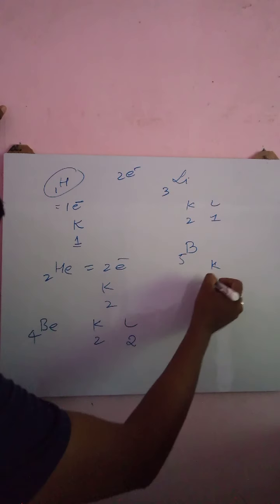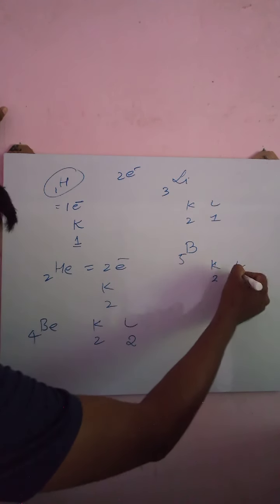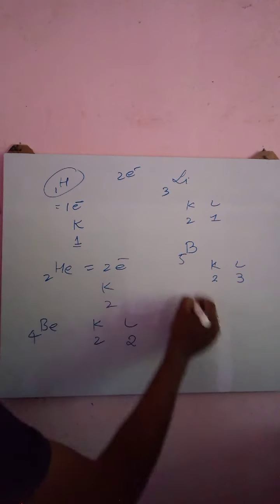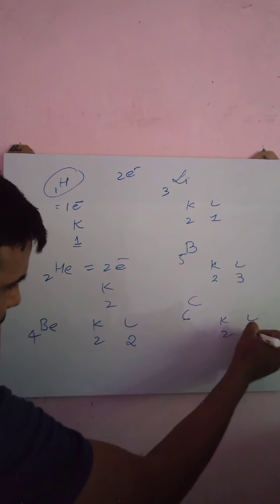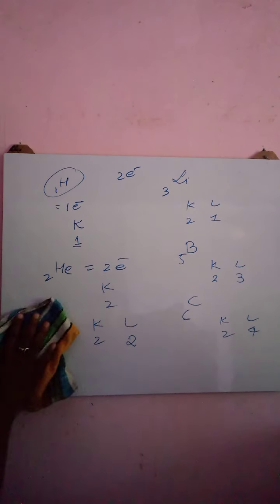K shell, capacity 2 electrons; the remaining 3 electrons will go into the L shell because its capacity is 8 electrons. Carbon 6: K shell 2 and L shell 4. I hope you people are understanding. Many times in previous classes I have also explained how electrons are filled into the different shells.